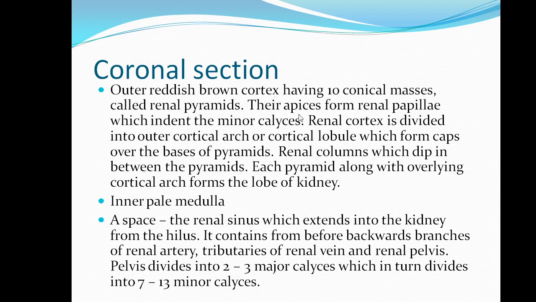The apexes of these pyramids form renal papillae, which indent the minor calyxes. The renal cortex is divided into the outer cortical arch or cortical lobule, which forms a cap over the bases of the pyramids.